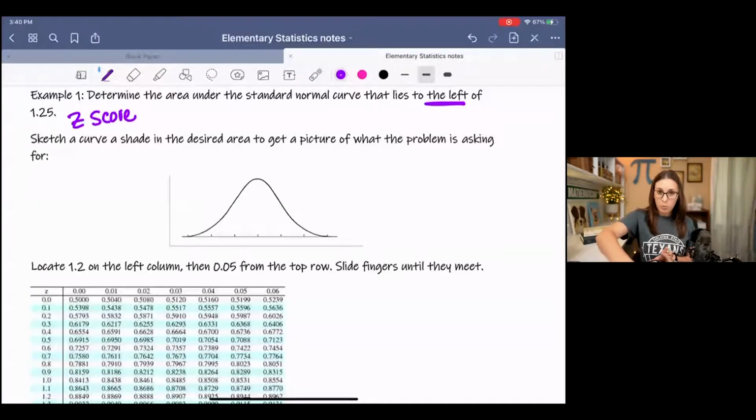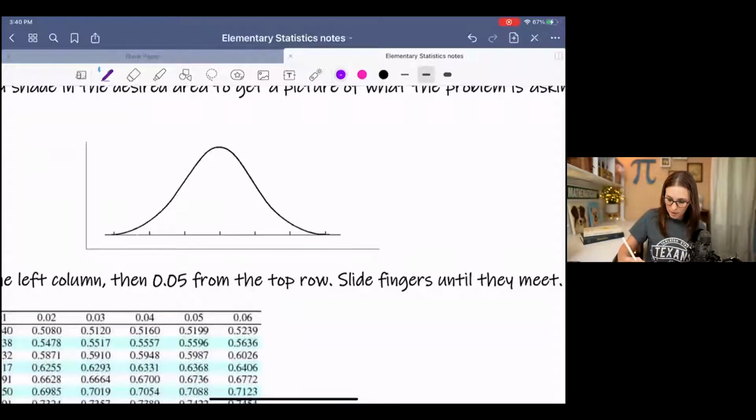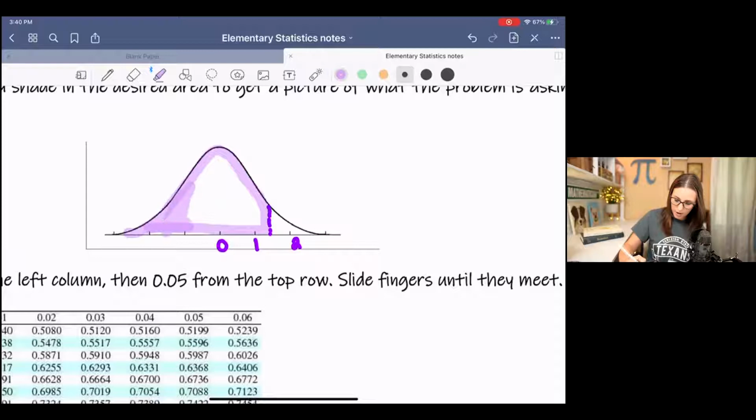Since I know that 1.25 is a z-score, that means it's 1.25 above the mean. The mean is going to be 0 if it's standardized. And then here's 1, here's 2, 1.25. I'm just sketching it. And then we want the area to the left. So when we find our area, it should be pretty big. Should be a pretty large number.